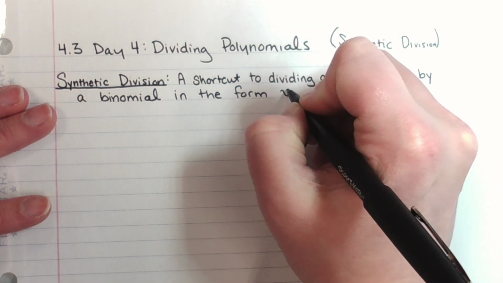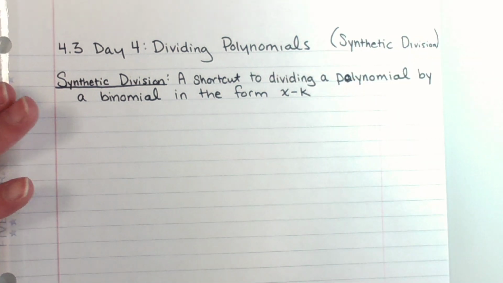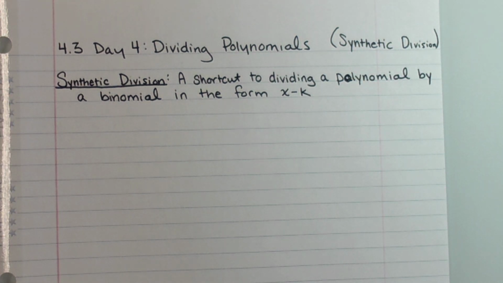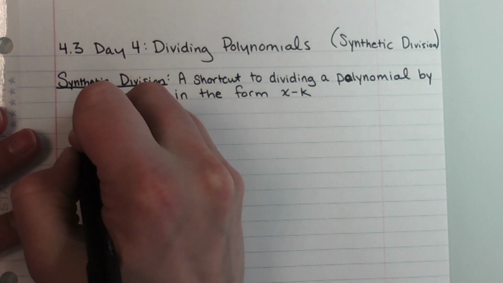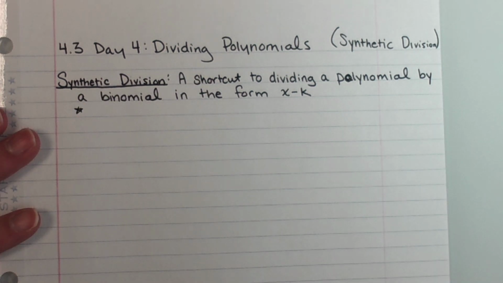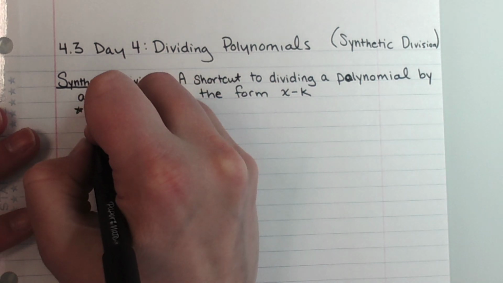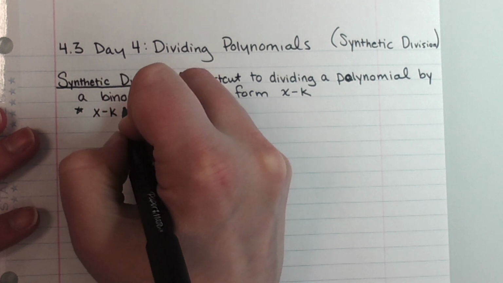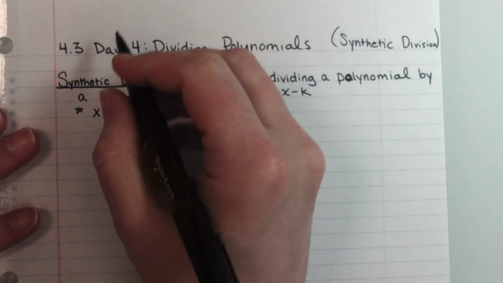Now, in this case, the binomials we're talking about are in the form of x minus some k, where k can be a positive or a negative integer. So that means our synthetic division works as it's that x minus k idea.